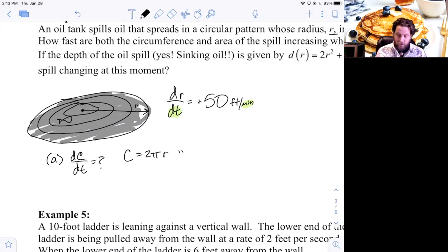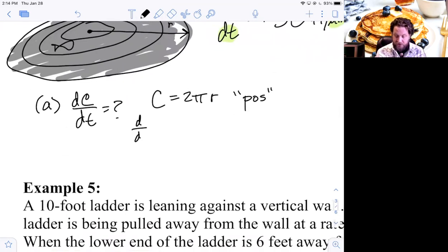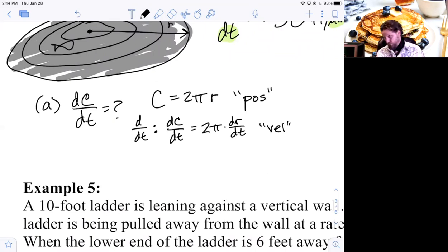So there's your quote-unquote position equation. It's a static quantity. I want the rate of change, so I'm going to take the derivative of both sides with respect to t, and we get dC/dt equals, the derivative of 2 pi r is just 2 pi, times the chain rule, dr/dt. And there's your quote-unquote velocity equation, or your rate equation.